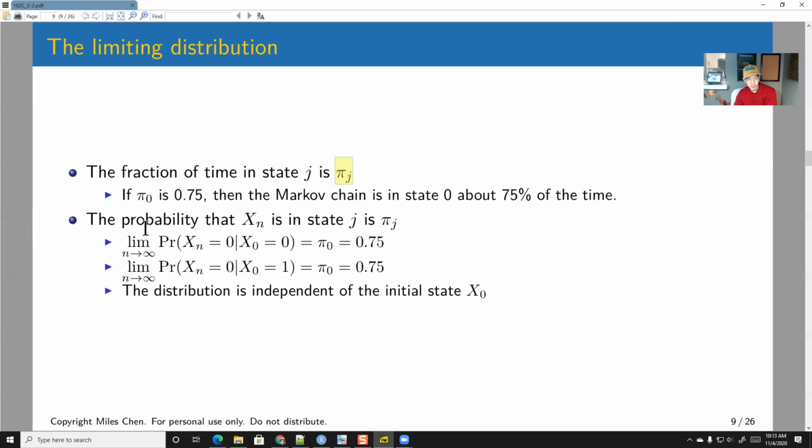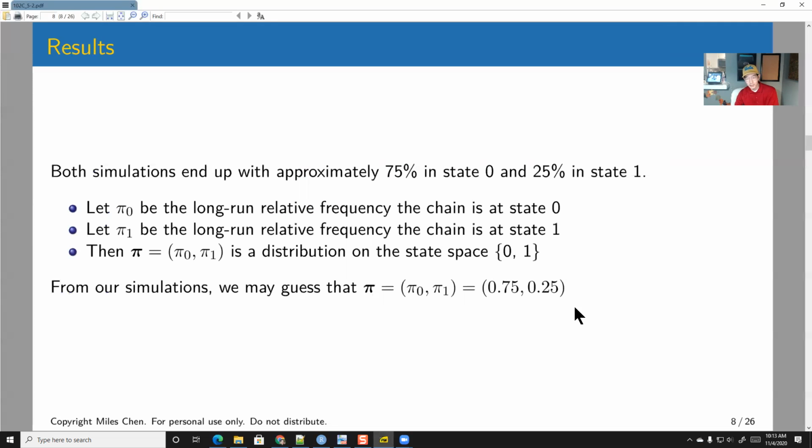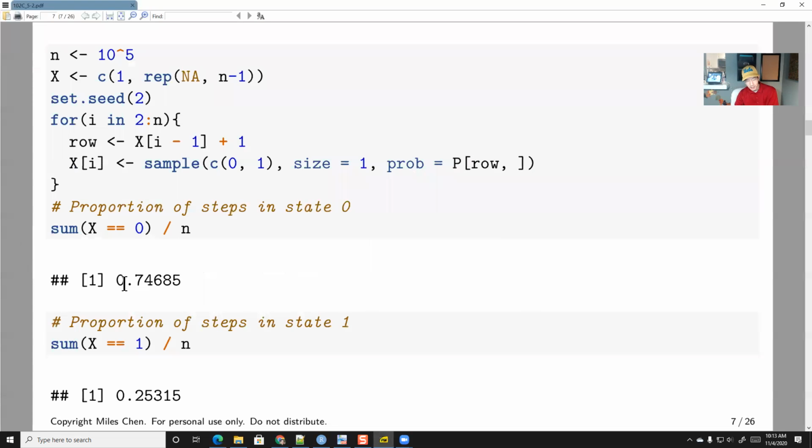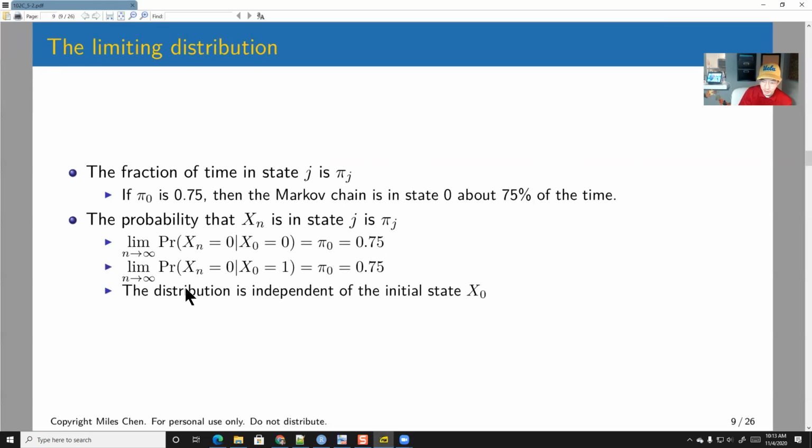Back on here, we're guessing just based on our trials. It seems like maybe we should pick 0.75, just because it's rounding something around there. If pi sub 0 is set to 0.75, then the Markov chain is in state 0 around 75% of the time.